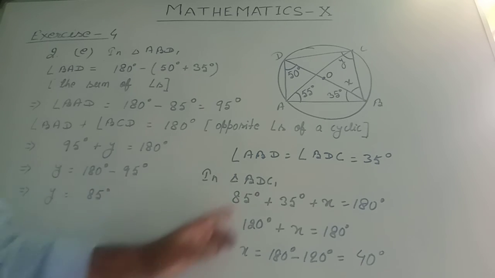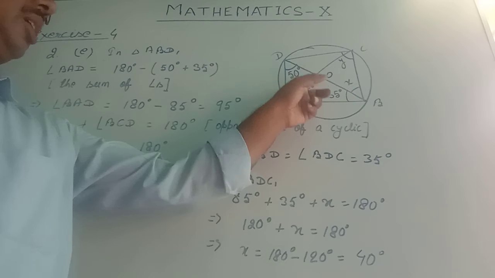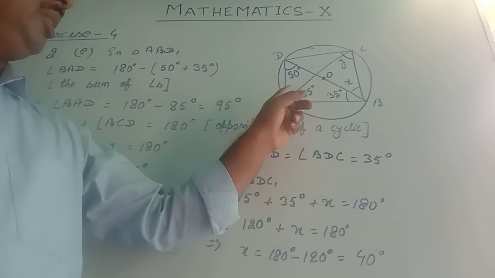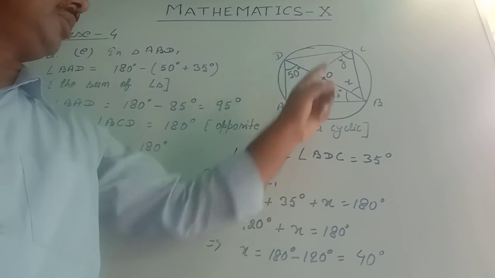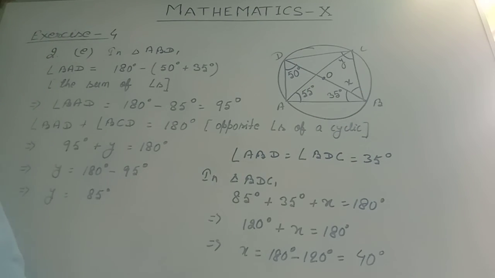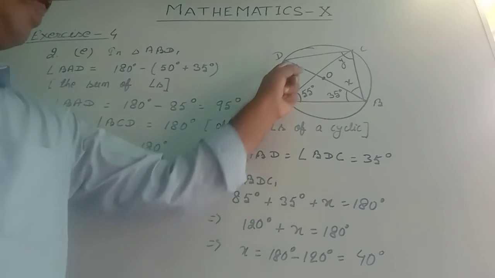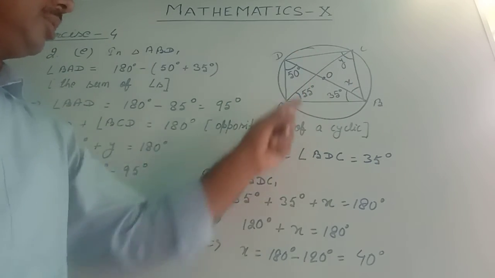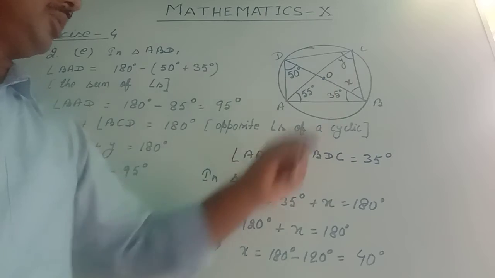Now angle ABD equal to angle BDC equal to 35 degree. So in this triangle, these two angles we can find out this angle.